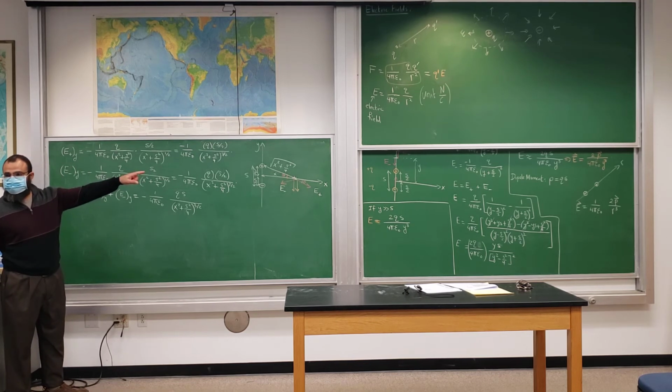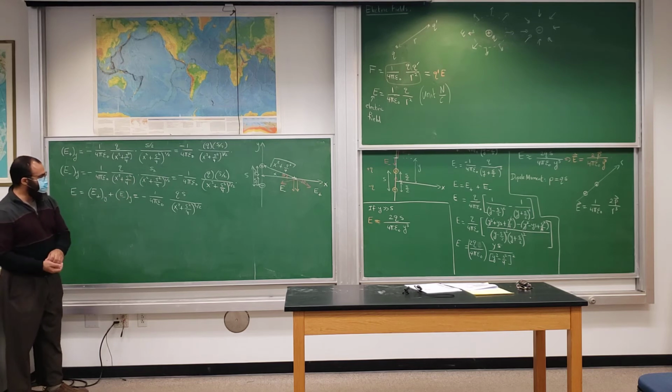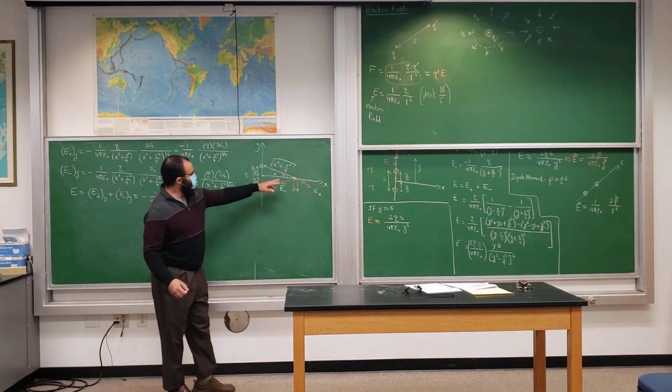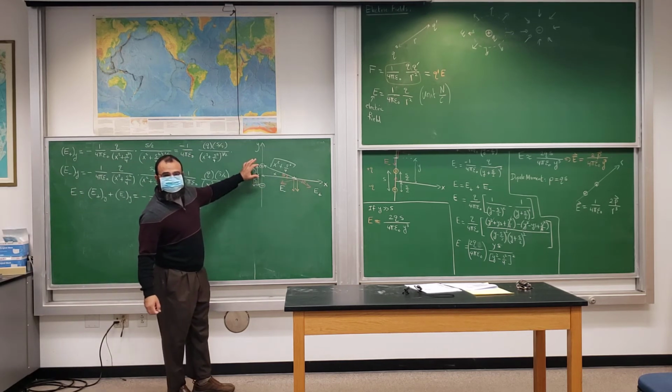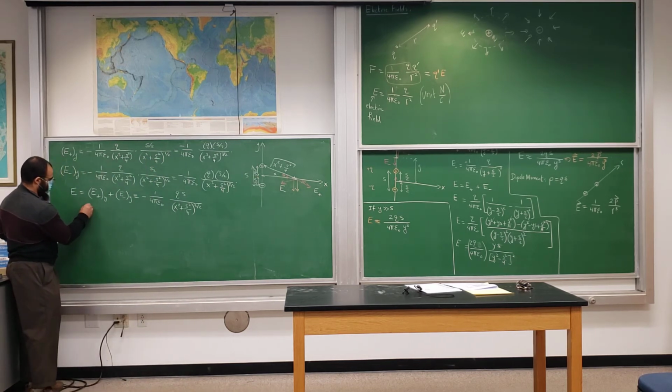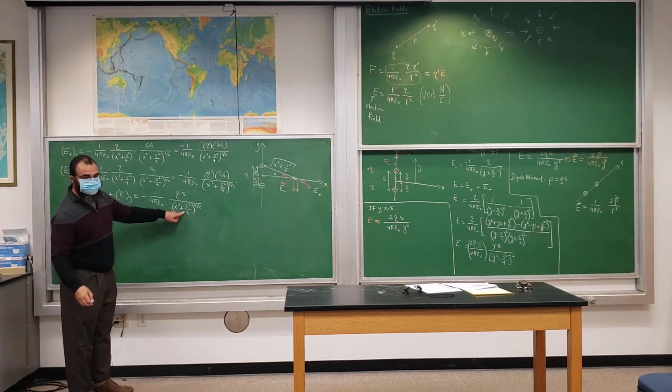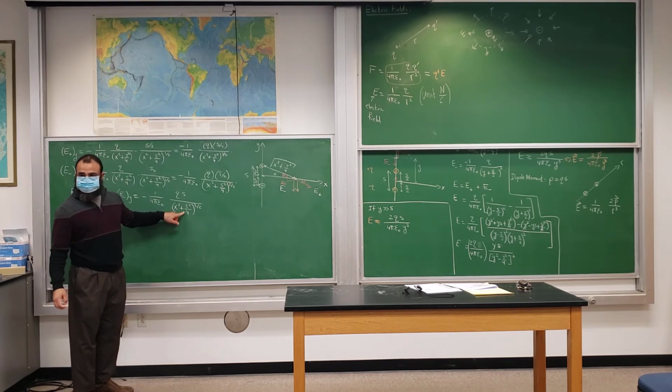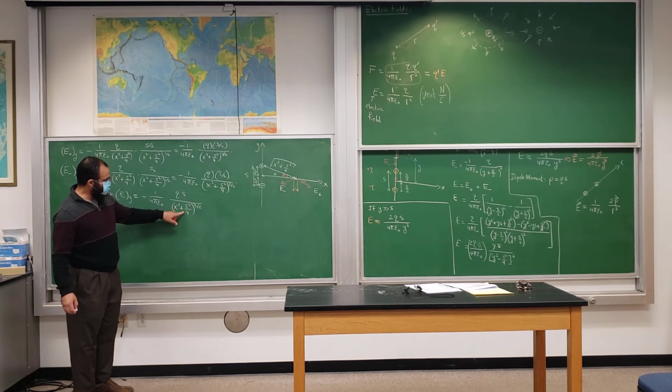Looking at the electric field far away from the dipole, meaning x is much larger than s over 2, then x squared would definitely be way larger than s squared, so I can ignore this term.